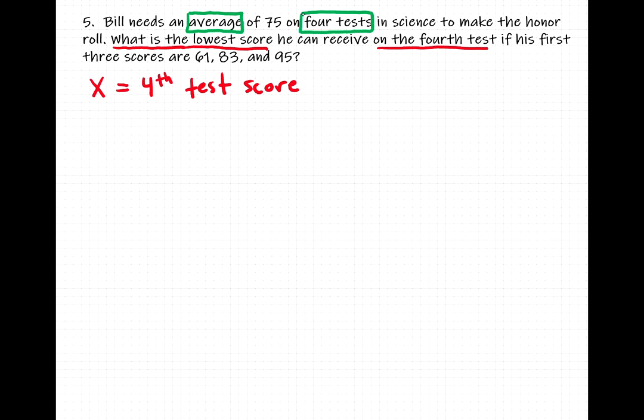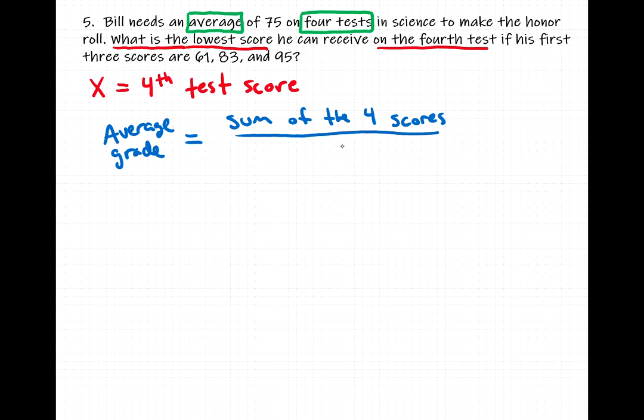We could say the average grade, in this case, is equal to the sum of the 4 scores divided by 4. That's how average works. You add up all the numbers and divide by how many numbers there are. In this case, there's 4 numbers, so you add them up and divide by 4.